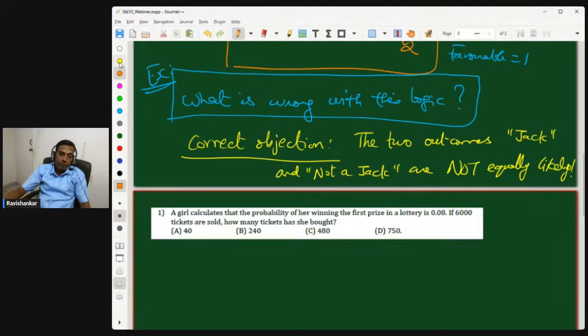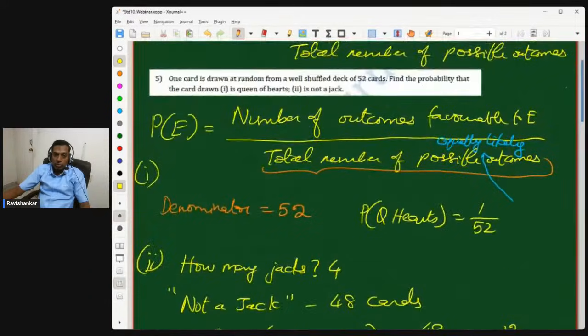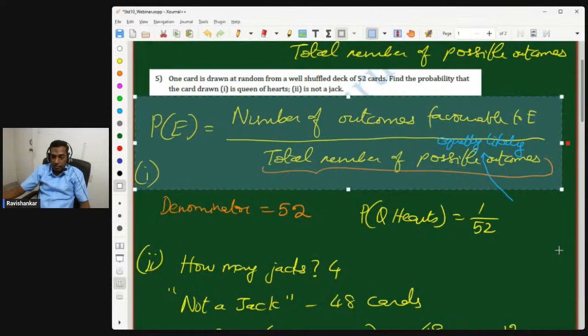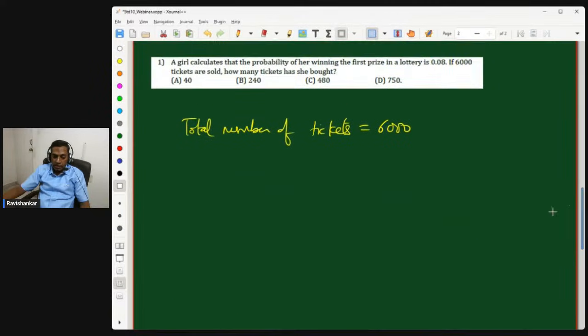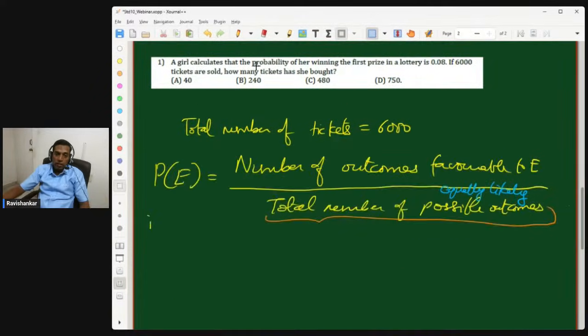So we don't know the number of tickets she bought. The total number of tickets is 6,000, and of course the probability is the number of outcomes favorable by the total number of possible equally likely outcomes.